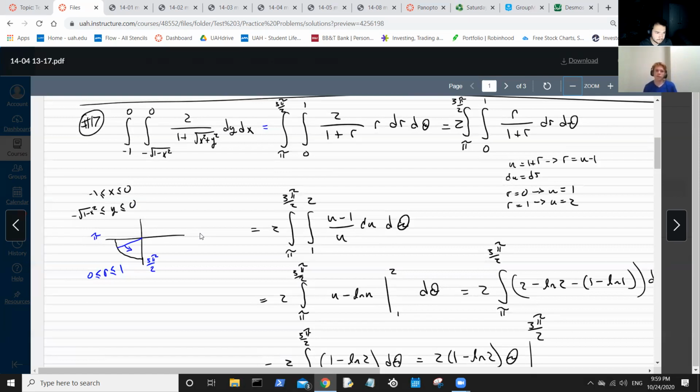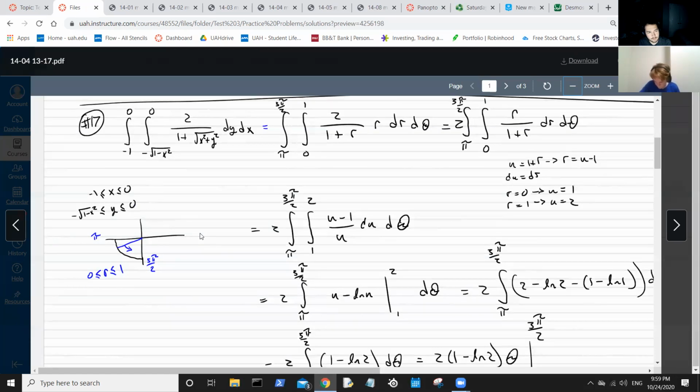So then, fast forward here, he just says that now that he's getting his circles right, the integration is between 1 and 0 and 3 pi over 2 and pi.